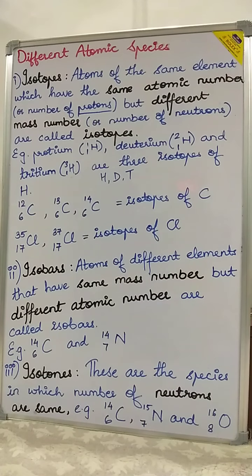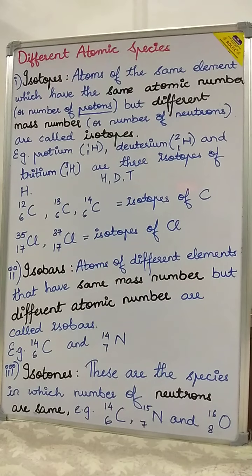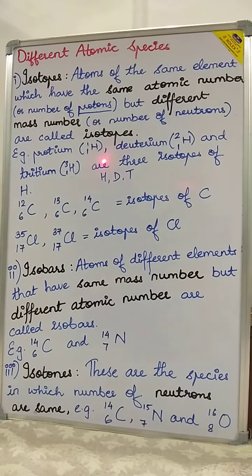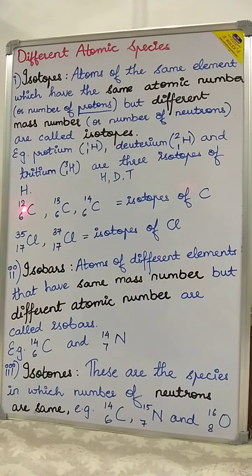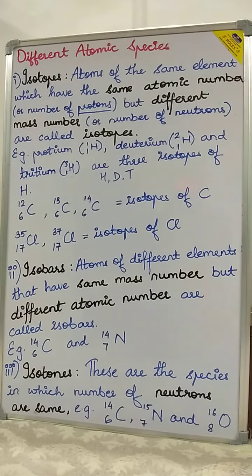Hence number of electron is also same in all these 3 species, and their atomic number is also same, which is 6 in all these 3 species. But their mass number is different. So 12 minus 6, number of neutron comes out to be 6. In the other one, 13 minus 6, 7. 14 minus 6, 8. So number of neutron is different, 6, 7 and 8 respectively.